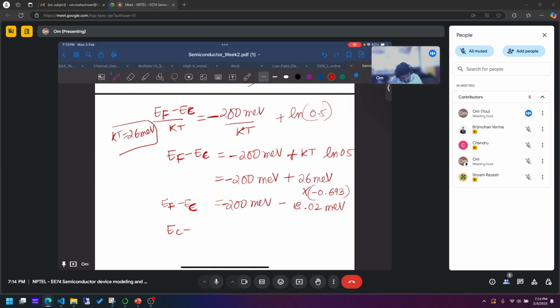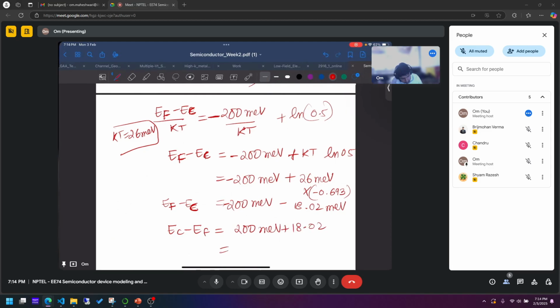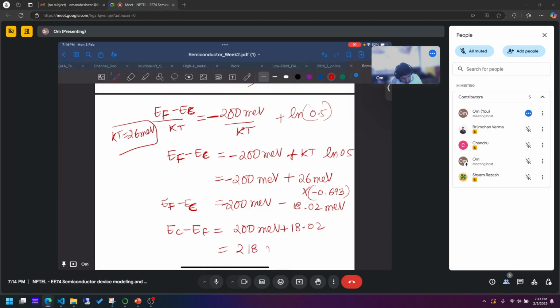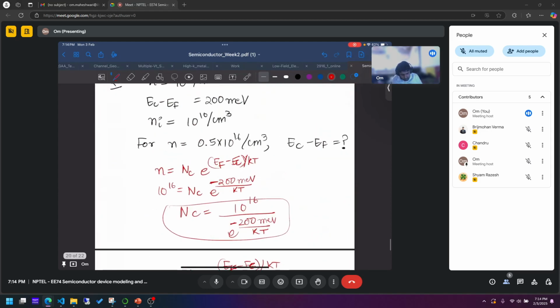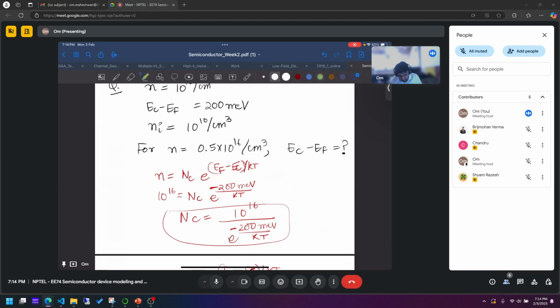So EC minus EF would become 200 MeV plus 18.02, which is 218 milli electron volts, which is the answer. So please be mindful, this is the correct formula. I made a mistake earlier. It is EF minus EC.